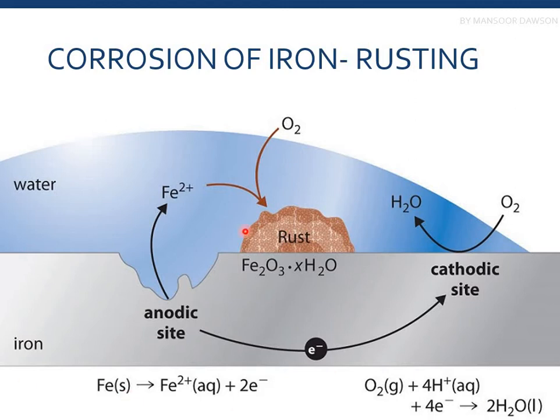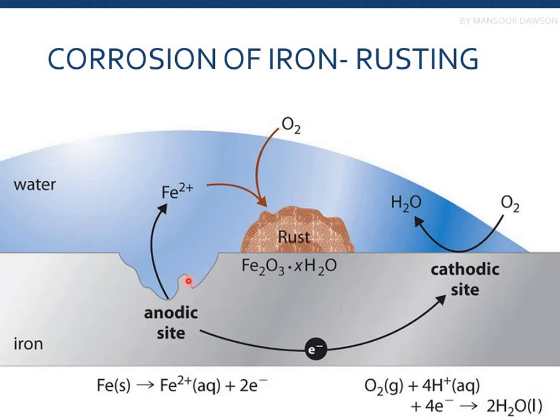Here you can see that there's oxygen present in the environment, which will be reduced by the electrons of this iron. So these are the iron electrons which oxygen would be getting, and the corrosion product, which is Fe2O3, also called rust, is being produced, and you can see that the iron layer is being dissolved.